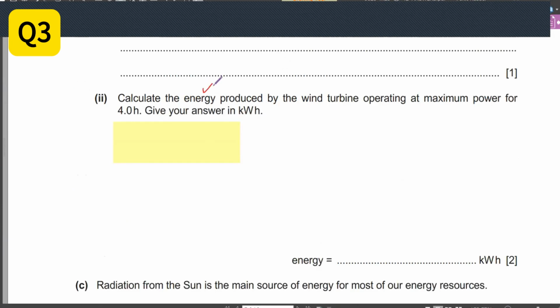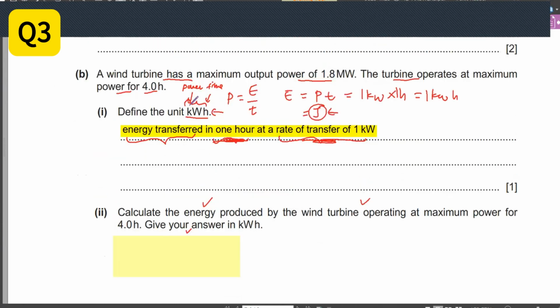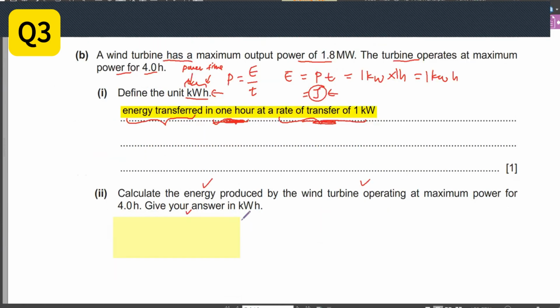Next, calculate the energy produced by the wind turbine operating at maximum power for 4 hours. Give your answer in kilowatt hours. So we want to calculate the energy. Energy equals power multiplied by time. Power is 1.8 megawatt.